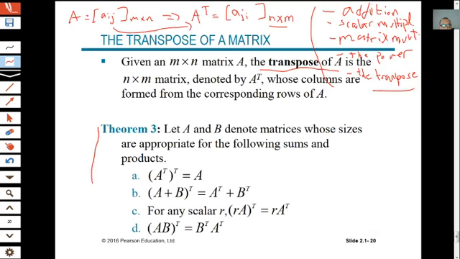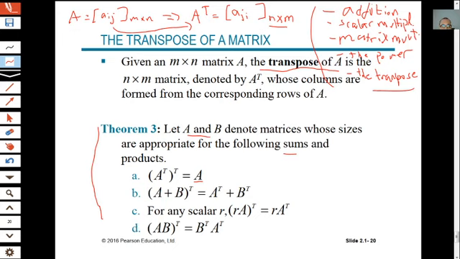So of course we have basic properties of the transpose of the matrix A, like the previous operations. A and B denote matrices whose sizes are appropriate for the following sums and products. And we can define the product and sums for the matrices. When we apply the transpose operation 2 times for a given matrix, we get the matrix A itself.